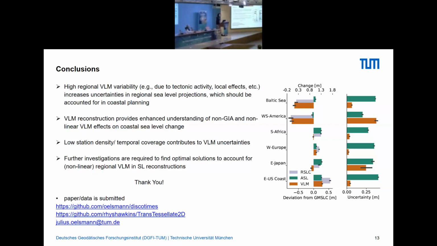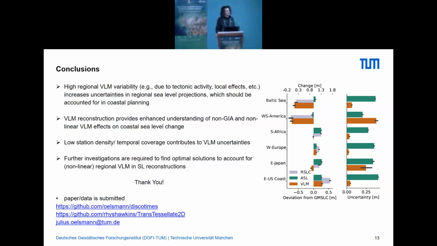So we use only, well, I think metric PSMSL tide gauges, and we try to limit the manual treatment of the data, but I also applied some kind of a regional comparison of tide gauge trends, and if there are really strong outliers, I would remove them.